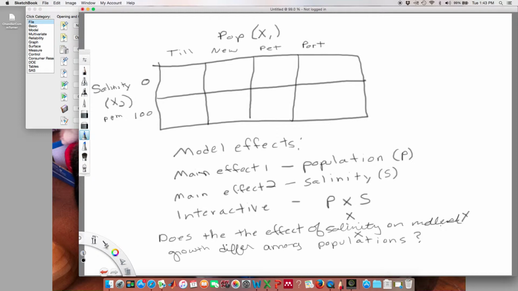So interactions can be a little confusing. What is an interaction? Well, an interaction basically implies that there are non-additive effects of our two independent variables on our dependent variable.